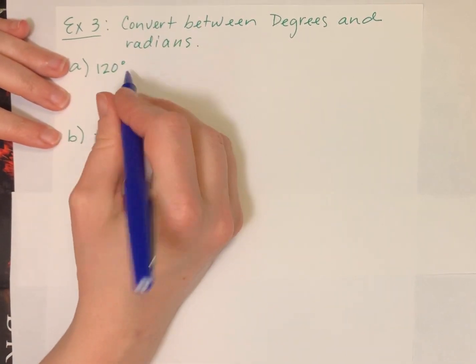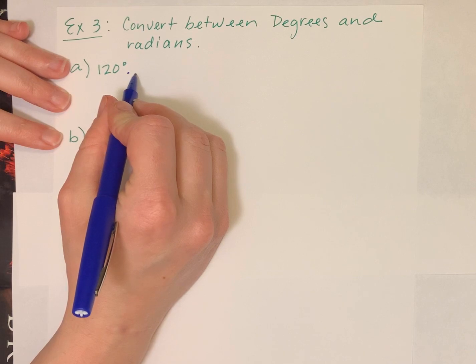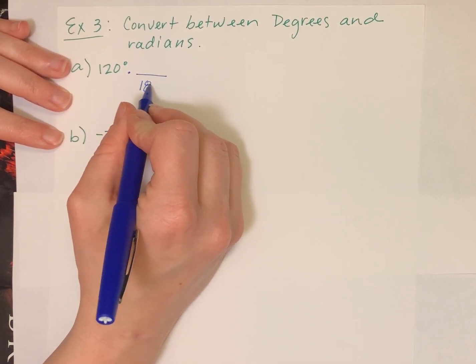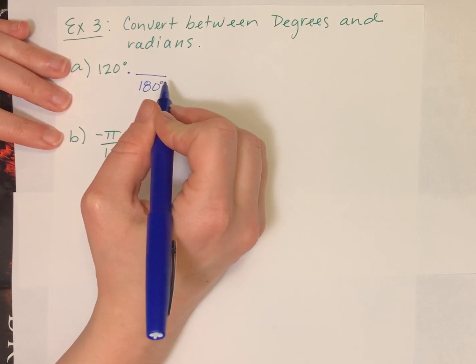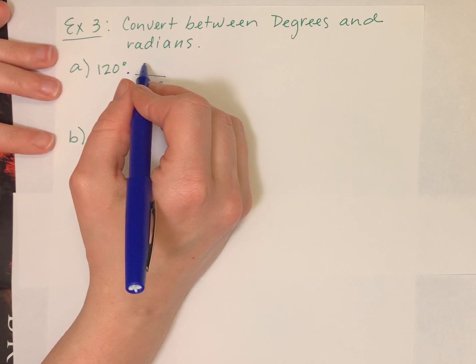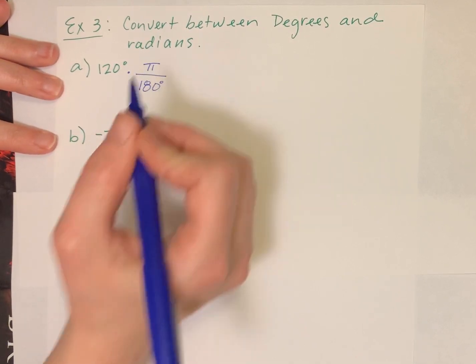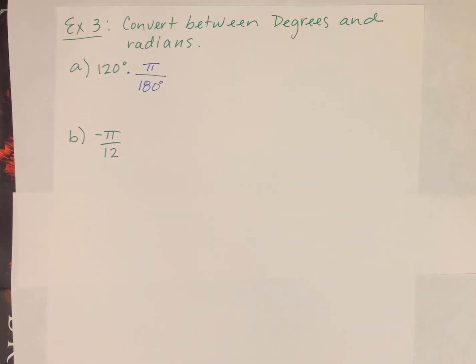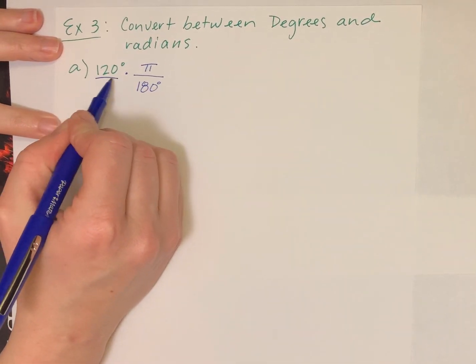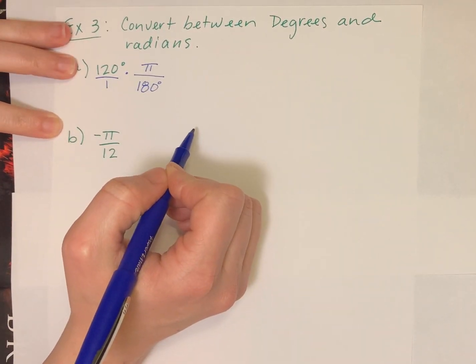If we want degrees to cancel, then we're going to multiply by something that has degrees in the denominator. That might help you remember which version of this fraction you're going to use. So times pi over 180. And here, this is just over 1, and we can multiply straight across.